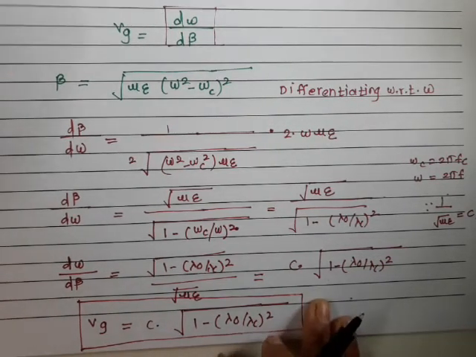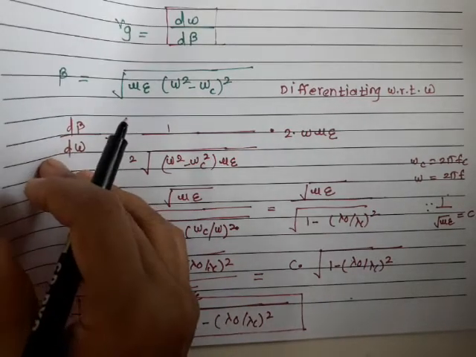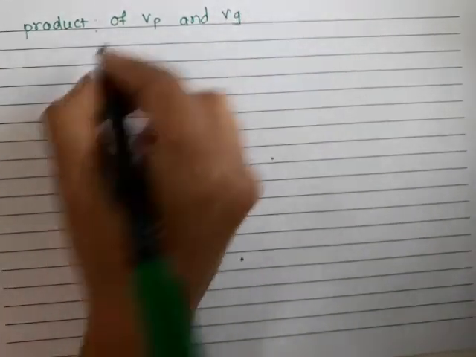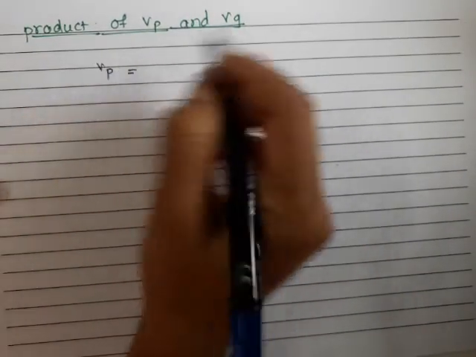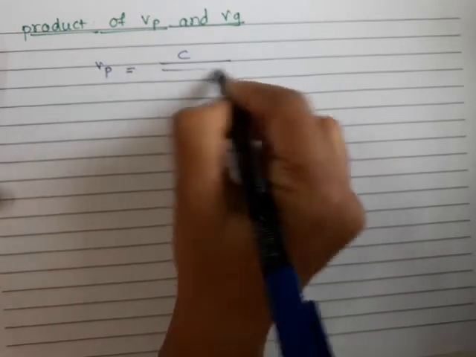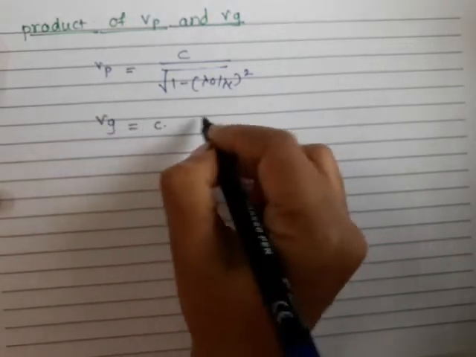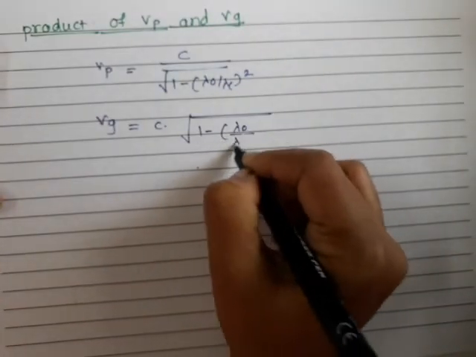Okay. Now the next one, we'll talk about the Vp and Vg product. So consider the product of Vp and Vg. Vp is nothing but, I will write the equations once again, c by root of 1 minus lambda 0 by lambda c whole square, and Vg is nothing but c into root of 1 minus lambda 0 by lambda c whole square.